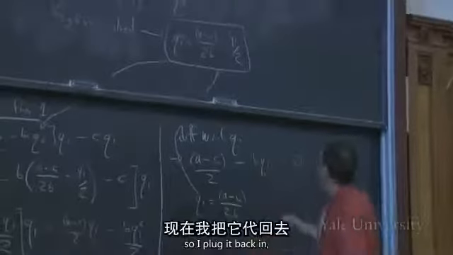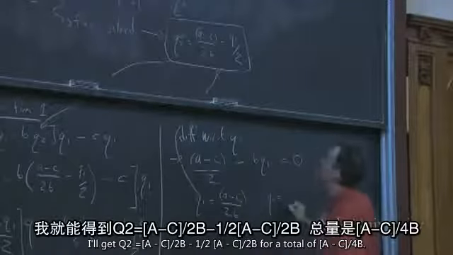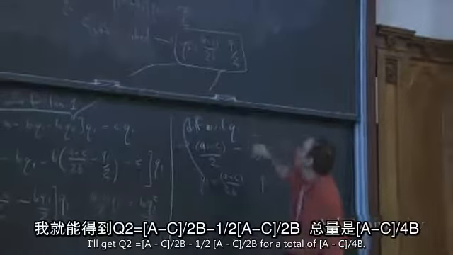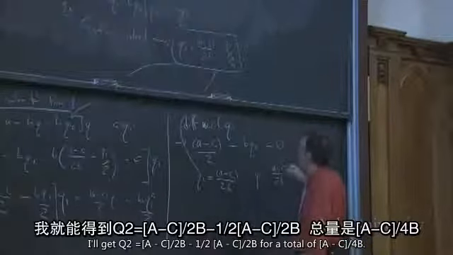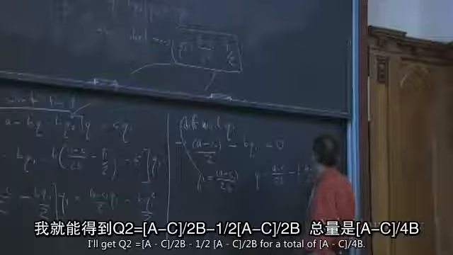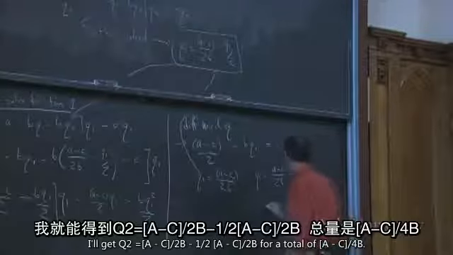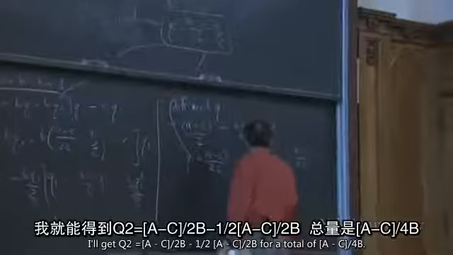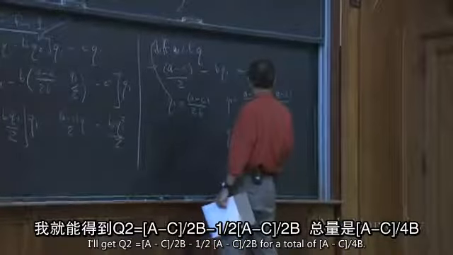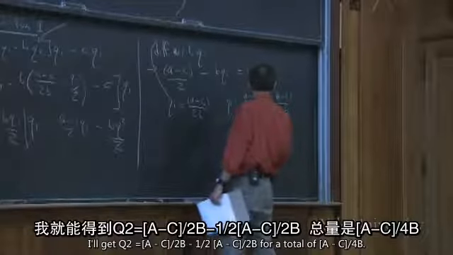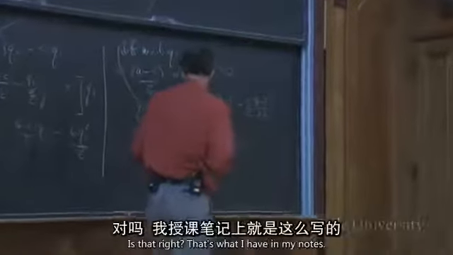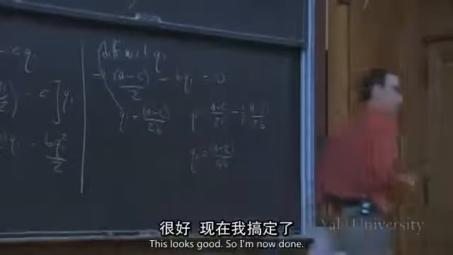So if I plug it back in, I'll get Q2 is equal to (A minus C) over 2B minus a half of (A minus C) over 2B, for a total of (A minus C) over 4B. Is that right? That's what I have in my notes. This looks good.